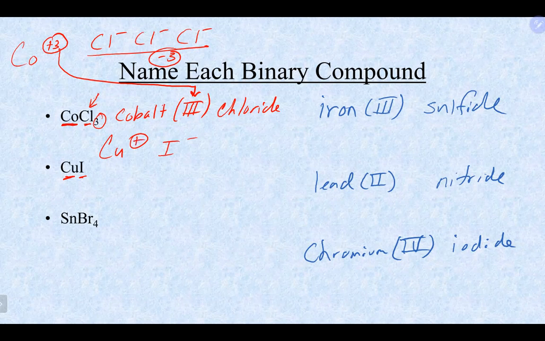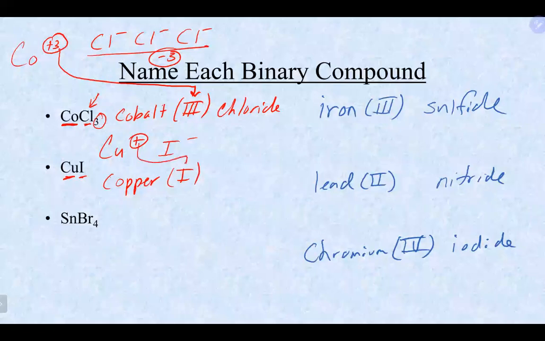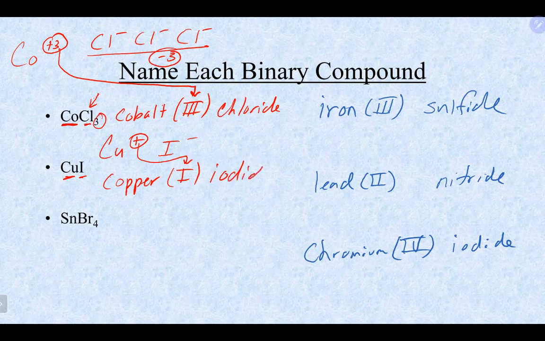So the copper needs to be +1 to balance out the charge. This gives us the whole name for the metal, copper. Here we use a Roman numeral 1 for the positive charge, and our non-metal gets the -ide at the end. Any questions on that one?